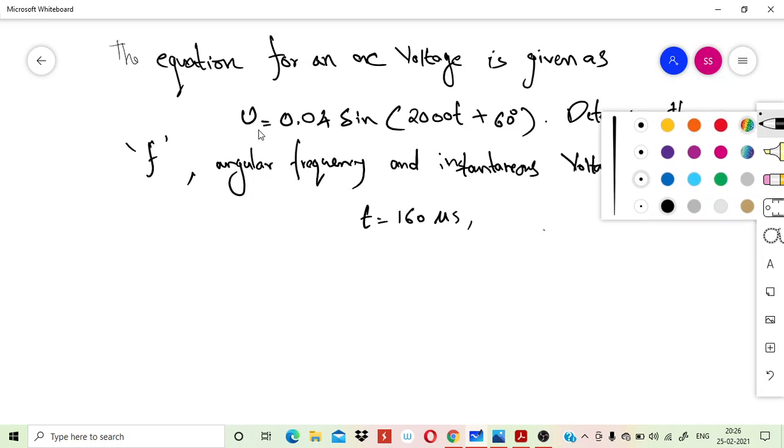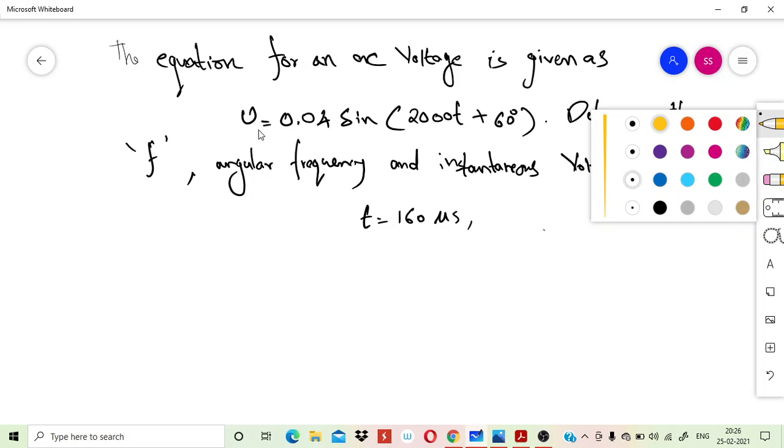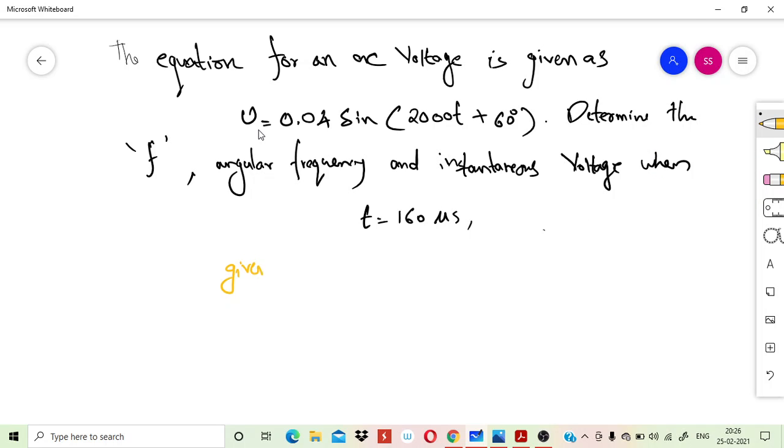And we have the solution like this. Given v equal to Vm sine (omega t plus phi), which is the standard form of a sinusoidal voltage waveform, equal to 0.04 sine (2000 t plus 60 degree).